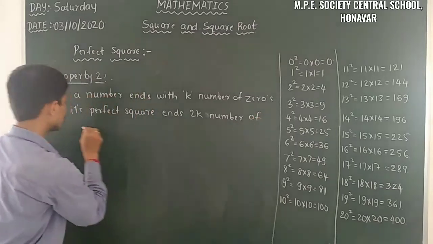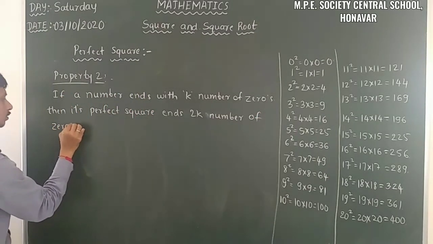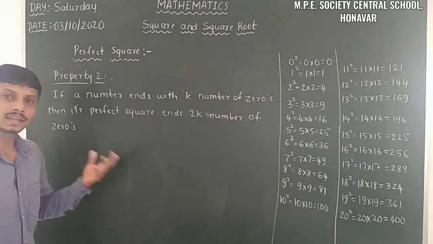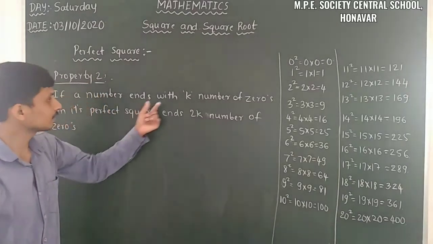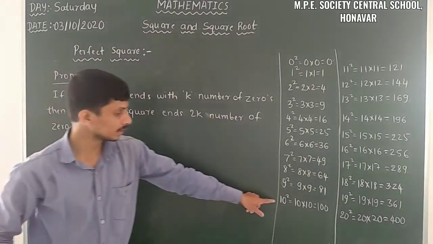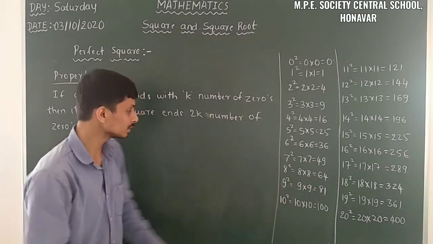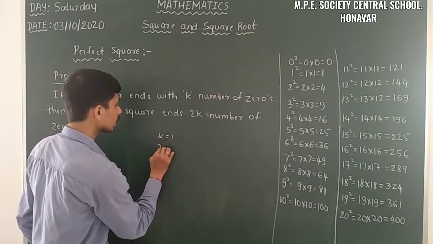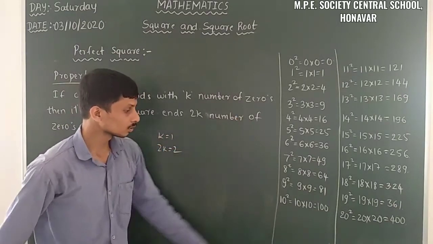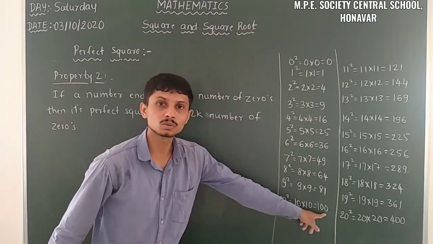You can take any example of k. I will take k is equal to 1, for example 10. Then its perfect square ends with 2k zeros. That means k is equal to 1 gives 2k is equal to 2, so the perfect square ends with 2 zeros.